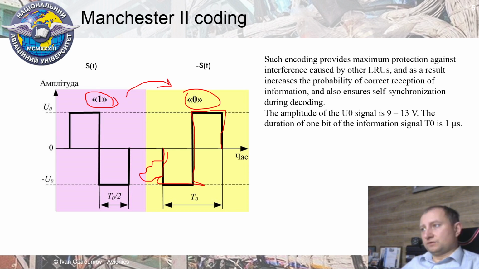At the signal level, we can specify this signal as C, and it means that this signal is a minus ST, which is the opposite signal to the direct signal ST. The amplitude of both signals is specified in the range from 9 to 13 volts. The duration of one bit of information is 1 microsecond.